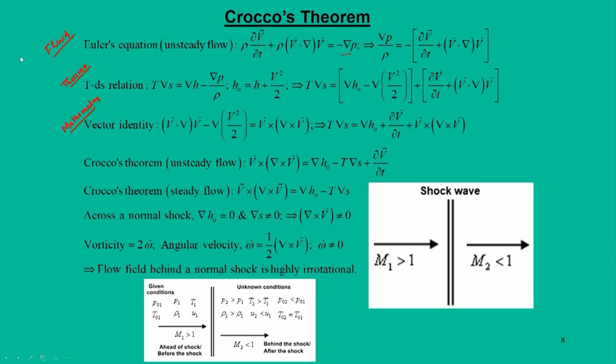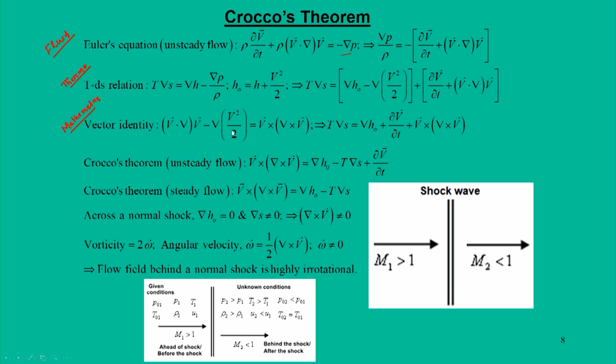What we do is recall that this particular TdS relation involves the terms V vector dot gradient of V vector and gradient of V square by 2. These two terms are represented here, and this is nothing but a vector identity, which is equal to this: V vector cross the curl of V vector, that is, cross product of V vector and the curl of V vector.